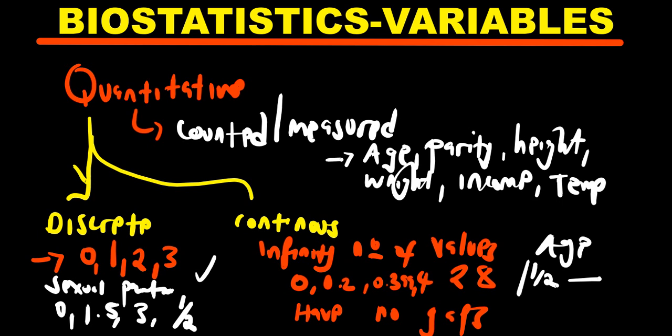Income, weight, height, you can have a height of 7 meters, you can have a height of 7.5, or 7.8. It assumes all the values. So that's how you differentiate the two. Now that we've talked about quantitative, let's talk about qualitative now.